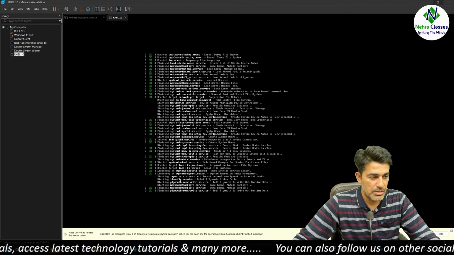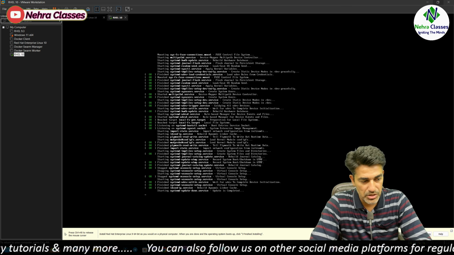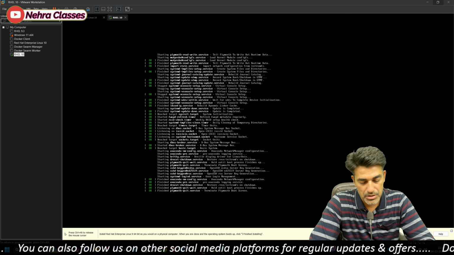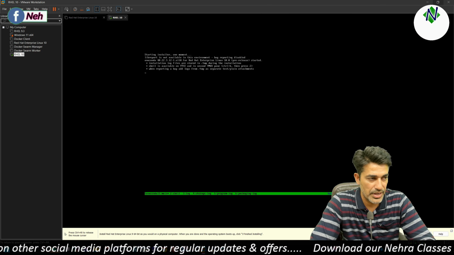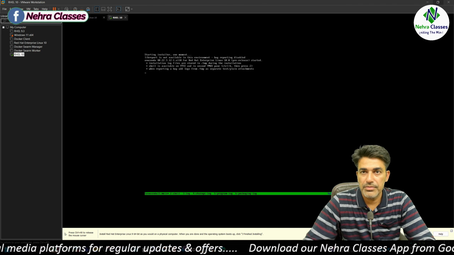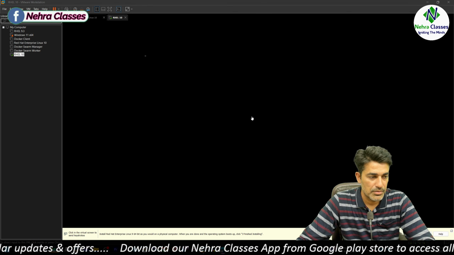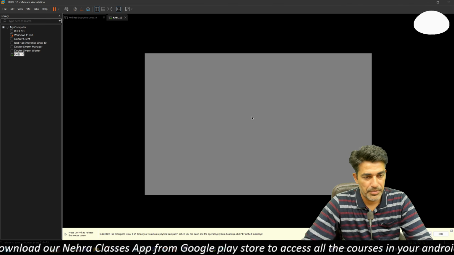You can look at this. Files are loading on RAM from the ISO image, and these will help us to start and use the installer. Installer is running. Okay.